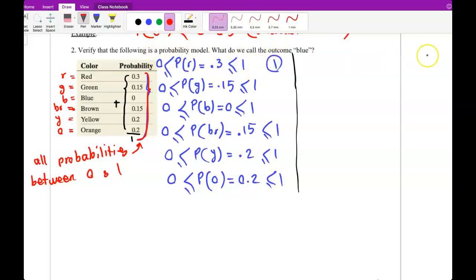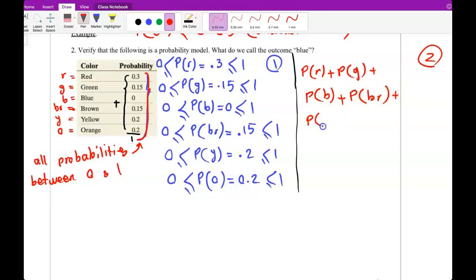Now here is the second rule: adding all these probabilities of R, G, brown, blue, brown, yellow, and orange. So adding all these.